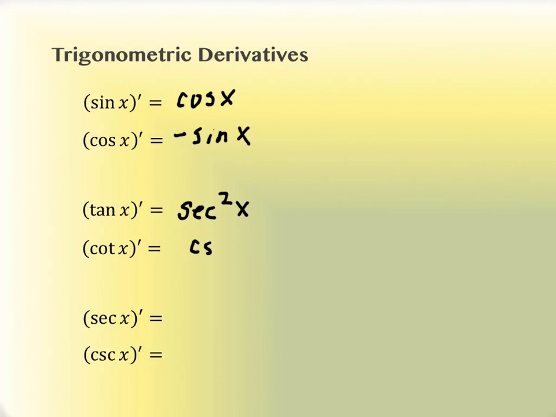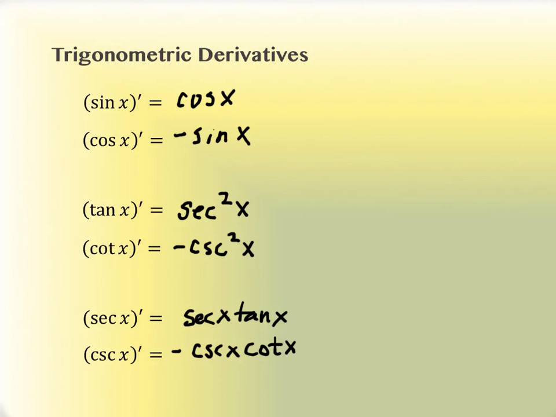Okay, it's cosecant squared, but it has a negative in front of it. And the last 2 are probably the least commonly remembered. The derivative of secant is secant tangent. And the derivative of cosecant also has another negative sign, and it's cosecant cotangent.